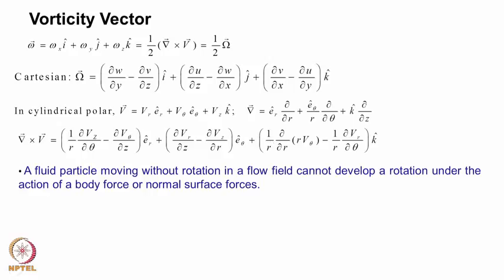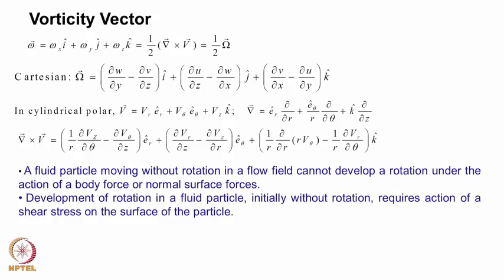Now, we know a fluid particle is subjected to body force or normal force as well as shear force. A fluid particle moving without rotation in a flow field cannot develop rotation under the action of body force or normal force. Development of rotation in a fluid particle initially without rotation requires the action of shear stress on the surface of the particle. If the rotation or vorticity is 0, that is del cross V is 0, such a flow is called irrotational flow.